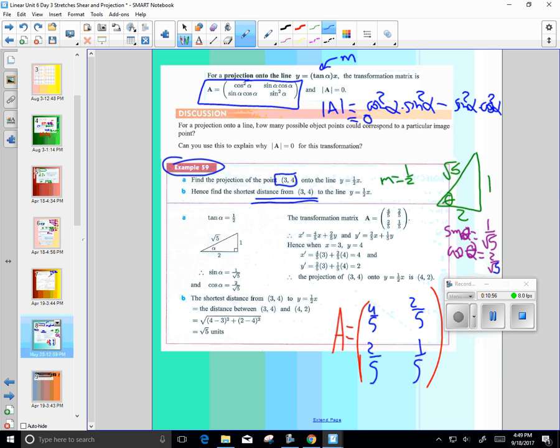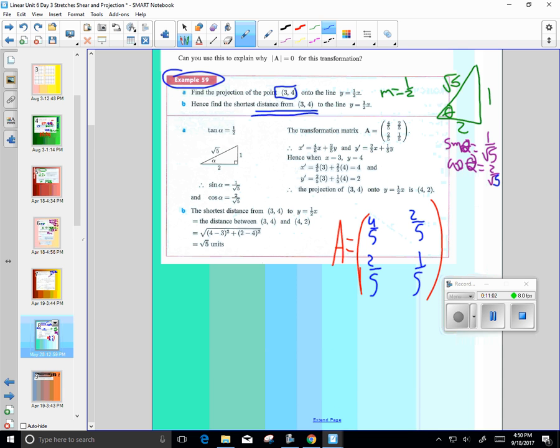Now what we want to do is find the projection itself. So remember what this transformation matrix means. It means x prime is 4/5 x plus 2/5 y, and y prime is 2/5 x plus 1/5 y.